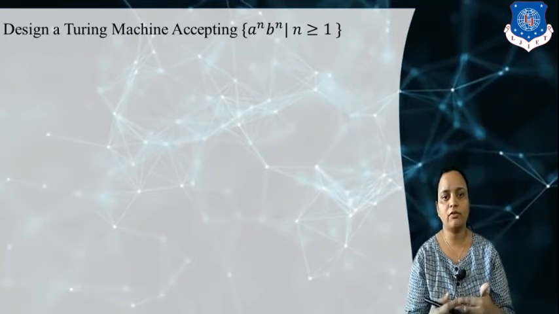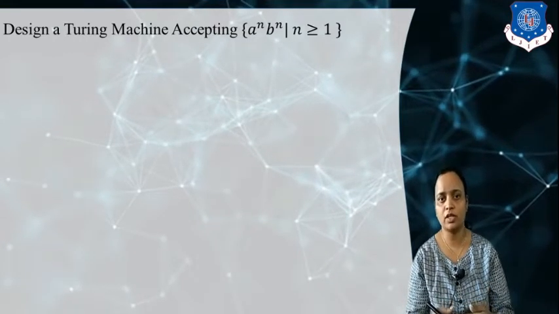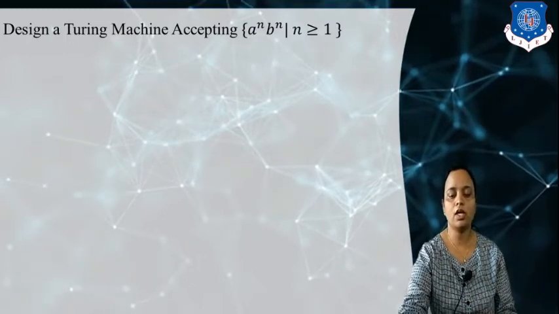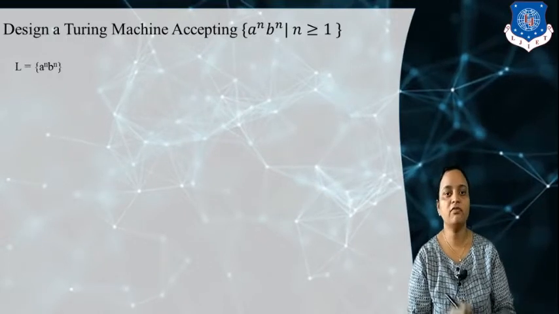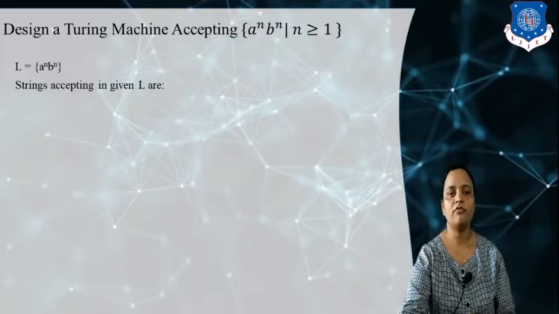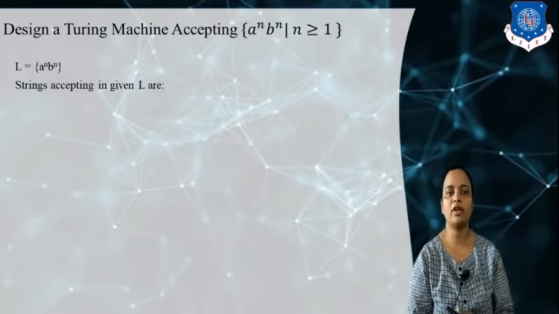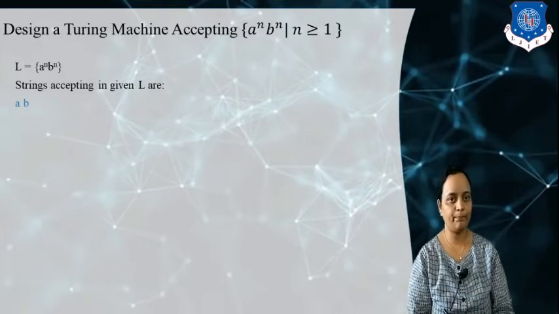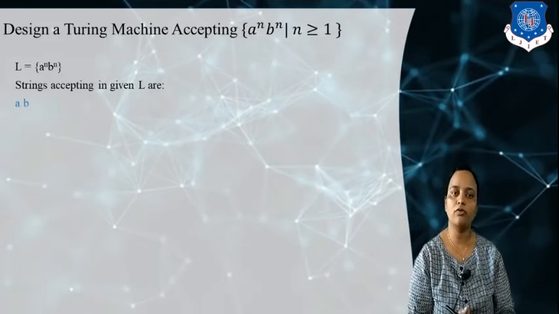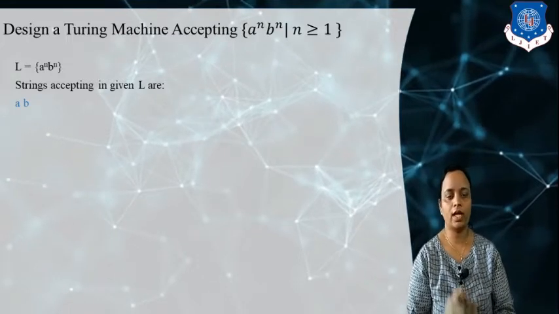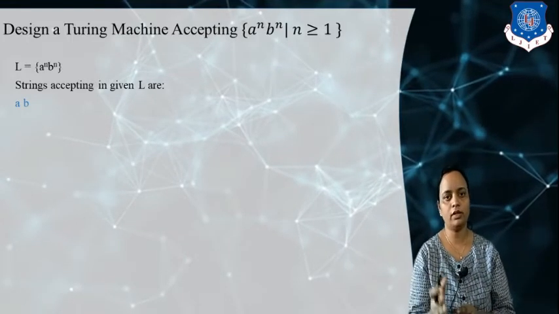Whenever you are designing a Turing machine, you need to understand the valid strings. Here I have given some valid strings which belong to this language. If I take the power of n equal to 1, the string generated is ab. The number of a is 1, so the number of b should be 1, and b should appear after all a's.